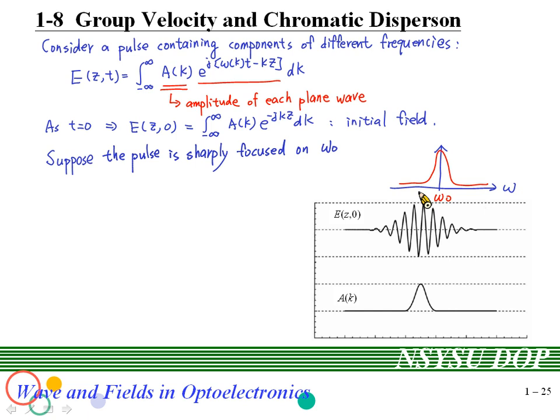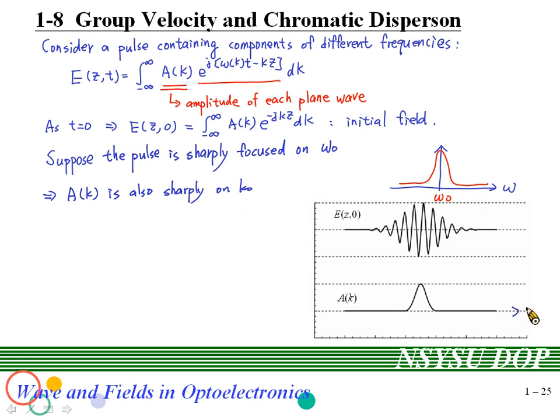Okay? As I have said, since the omega 0 component has a large amplitude, if you plot the function A of k, it will show sharply on k0, like this curve.